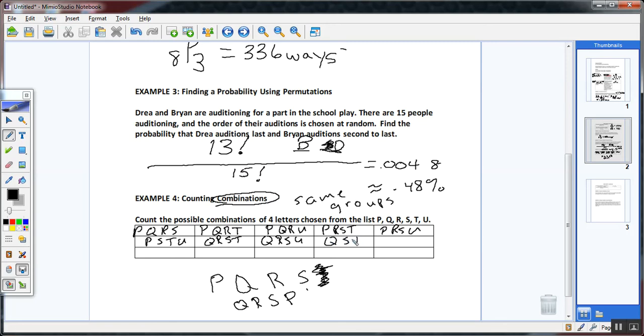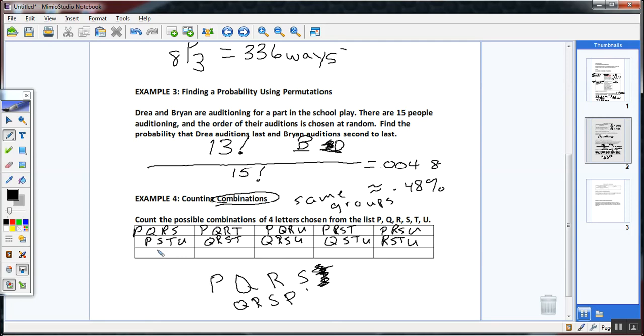PSU, Penn State University. How about R, S, T, U, kids? Okay, give me something I'm missing.